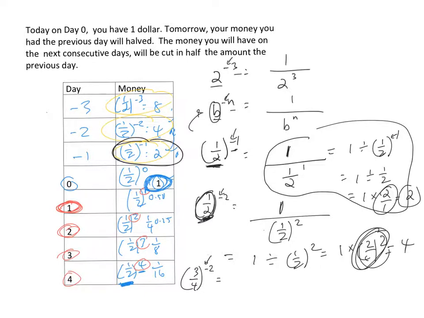Instead of 3 over 4, you get 4 over 3 and then to the power of 2, because the negative means you take the reciprocal, and then you maintain the square. That becomes 16 over 9, because 4 over 3 times 4 over 3 equals 16 over 9.